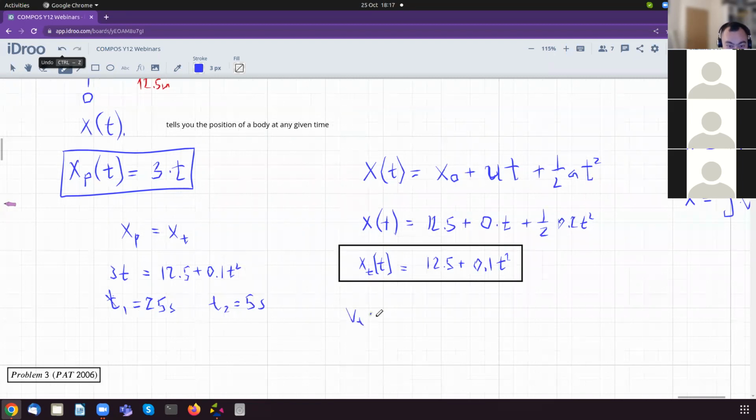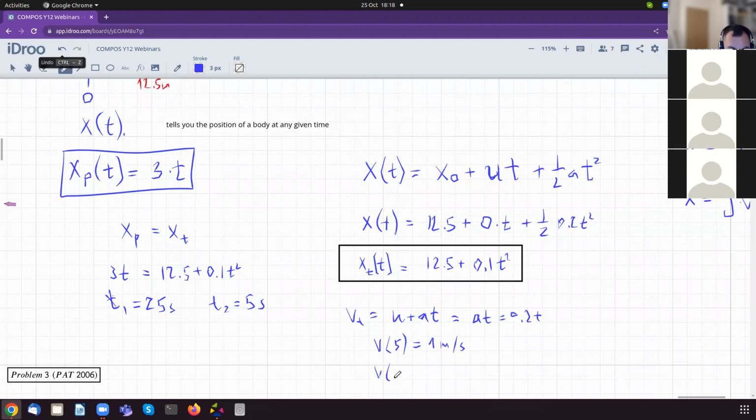The train has an initial speed, so the speed is initial speed plus at. So it's at, which is 0.2t. So at 5 seconds, the train is going 0.2 times 5, which is 1 meter per second.